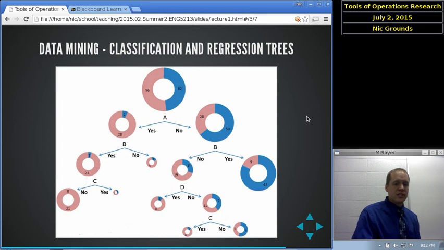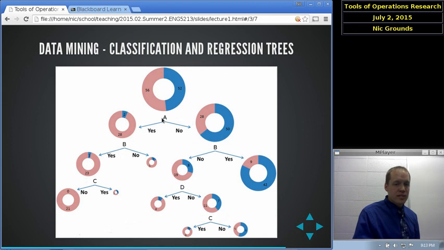So here's a visualization just to help you understand. If we start at the top and we say we have 108 records, 56 of which are pink and 52 of which are blue, whatever pink and blue mean. Those are our two categories. Then what we want to do is pick a field, maybe it's called A or whatever, and say, okay, we're going to take some field and pick a value and split everybody less than that value or everybody greater than or equal to that value into two different subcamps.